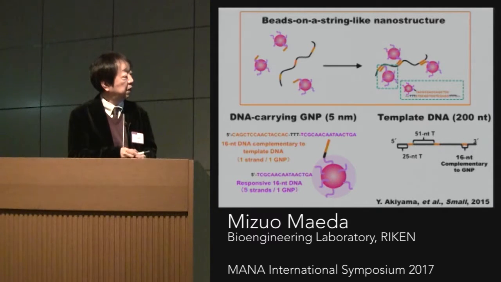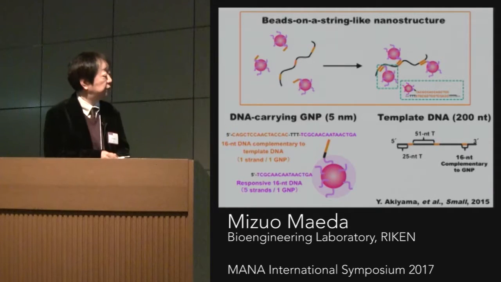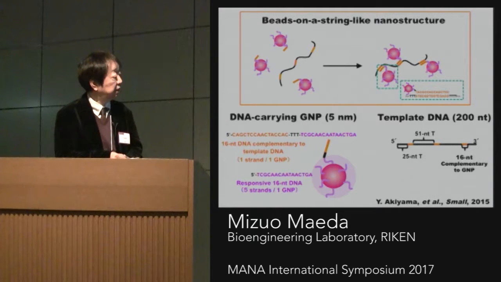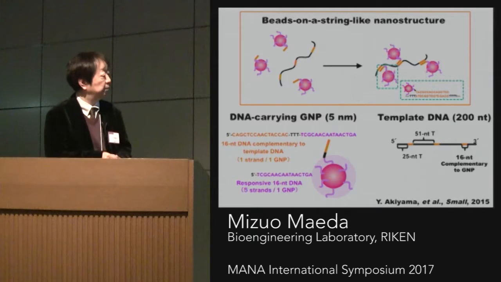As for the template, we prepared a 200 nucleotide single-stranded DNA. And here are 3 positions which can be bound to gold nanoparticles. This yellow part, the 16 nucleotide part, is complementary to the surface-anchored DNA on the gold nanoparticle.